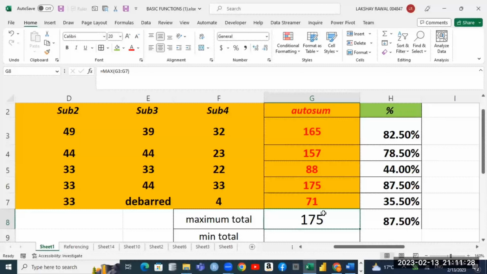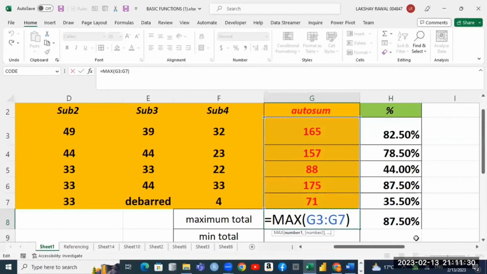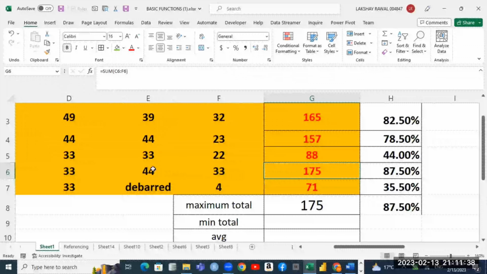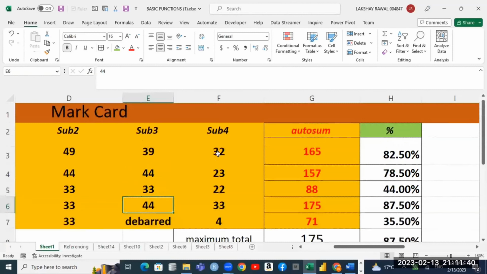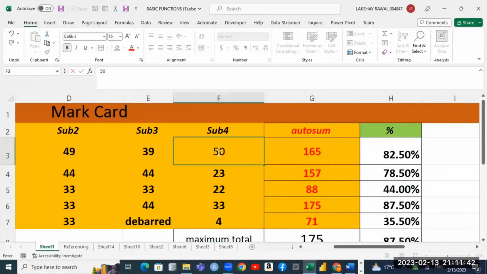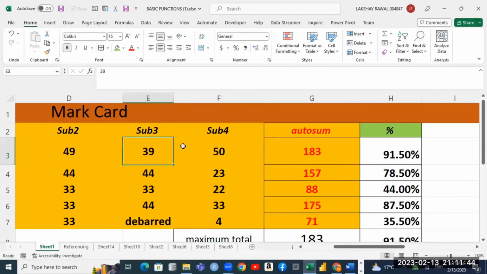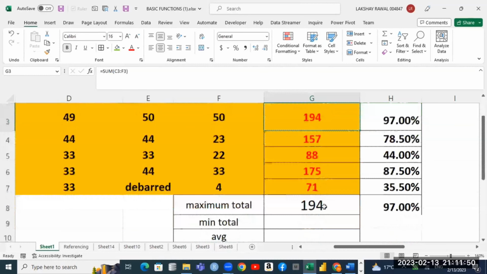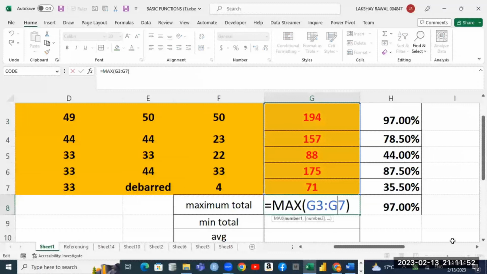What is the beauty of this? The beauty is that suppose his marks have been changed. Now, which is the highest? 194. It is showing 194 because I have used cell reference.